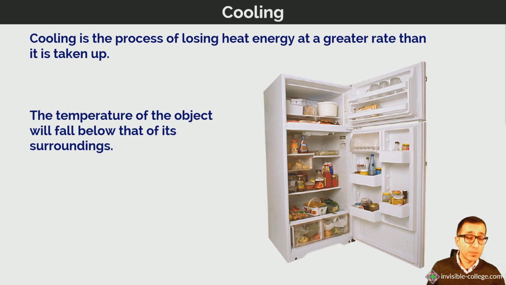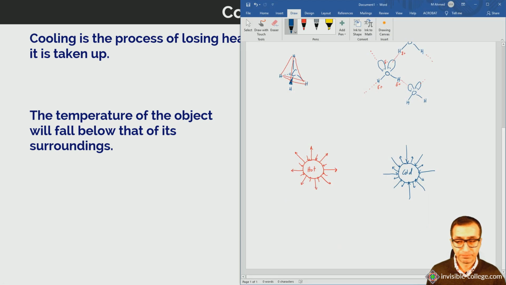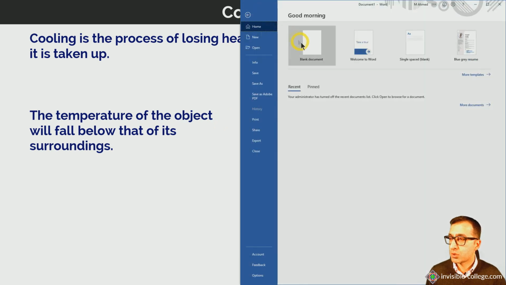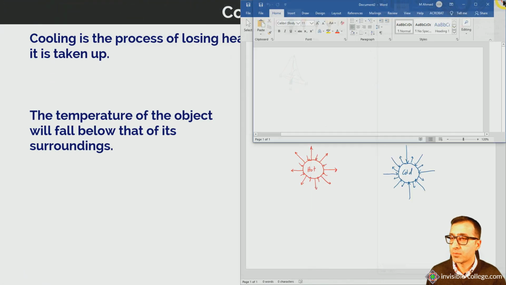Now, if an object is being heated or cooled, then its temperature will rise or fall. So if we imagine, for example, let me just bring up my whiteboard here again. In fact, let me start another document here. There we go.